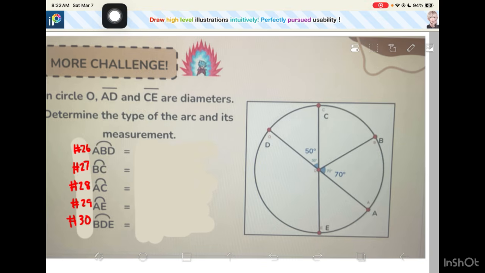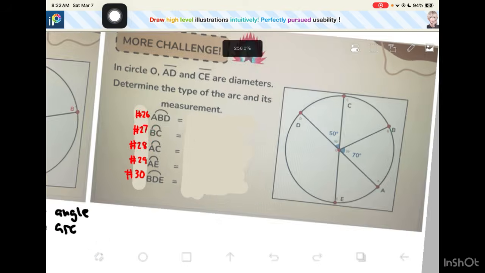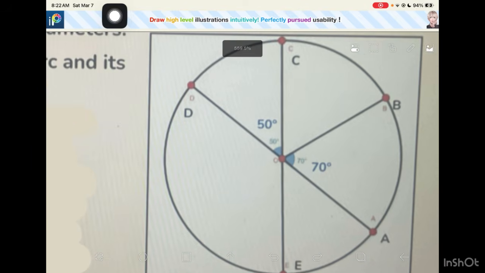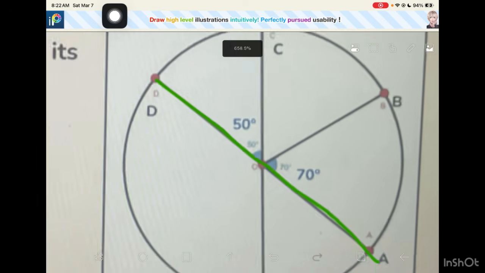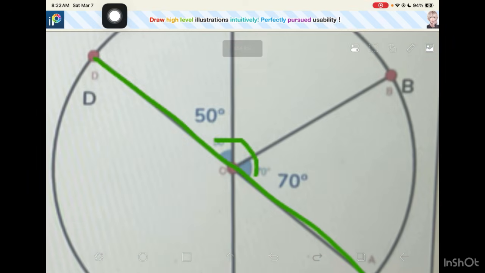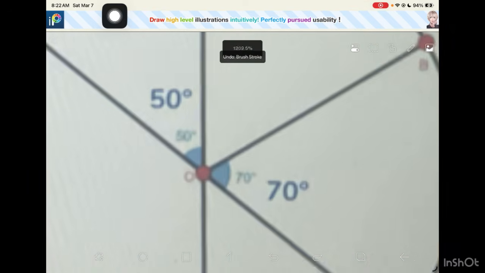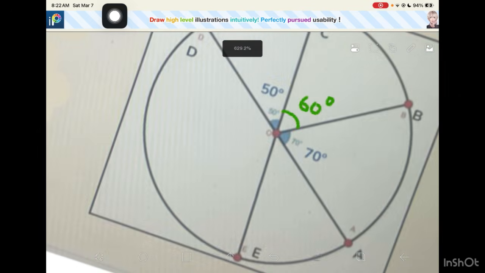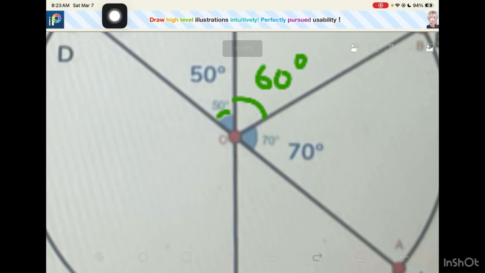Okay, let's use a bit of theorems here before we begin. We can say that since this is a line, that's the diameter, right? This is equal to 180. So therefore, this one is equal to 60 degrees. And then, we can also say that the vertical angle theorem applies to this one and this one. So this is also 50 degrees.